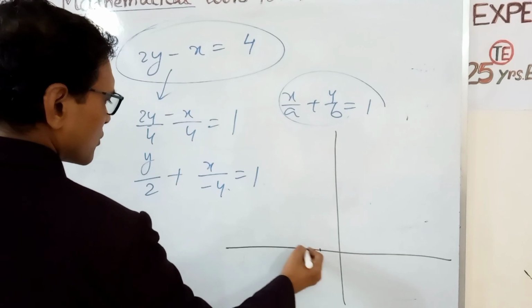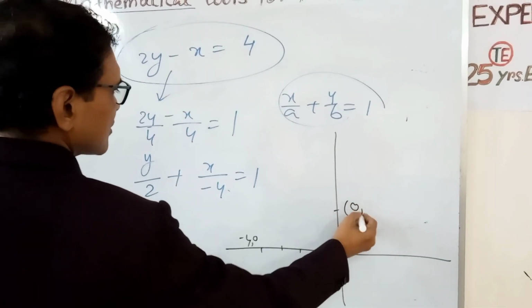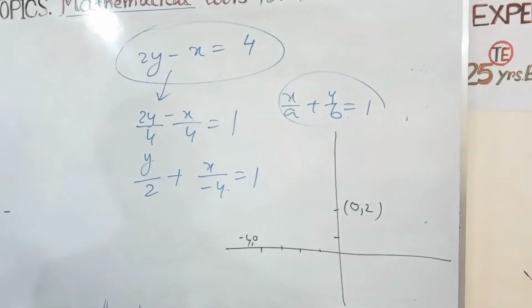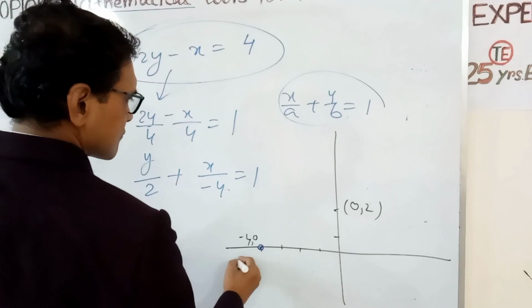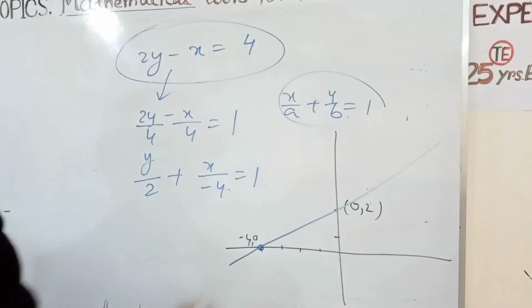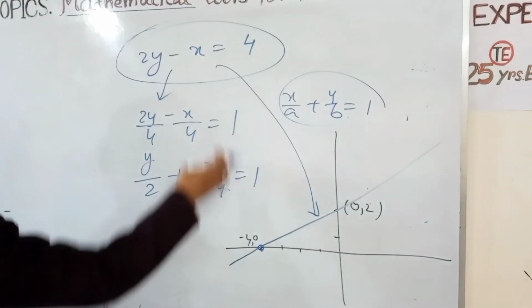This is minus 4, and this is 2. So the straight line passes through the 2 points. This is the straight line given by this equation.